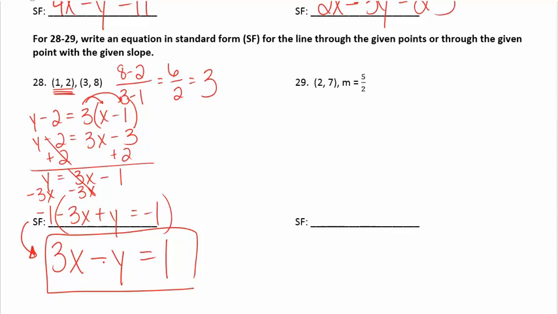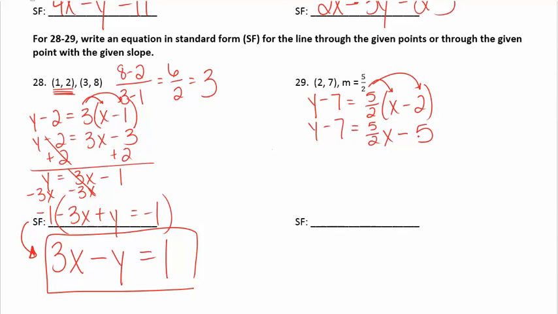29, it's a little easier because we already have the slope. So we're just going to start off in point-slope form. y minus 7 equals 5 halves times x minus 2. So when we distribute, we get y minus 7 equals 5 halves x minus 5. 5 over 2 times 2, the 2's cancel out and you're just left with 5 there.